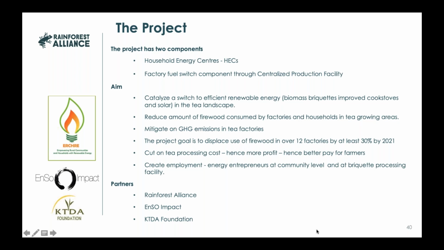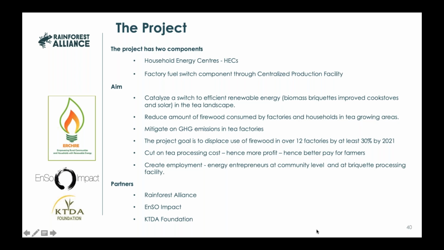Tea factories pay farmers their annual bonuses based on their profitability. By cutting the cost of production through cheaper and clean energy sources, you increase their margins, and that directly means farmers will gain a lot in annual bonuses.